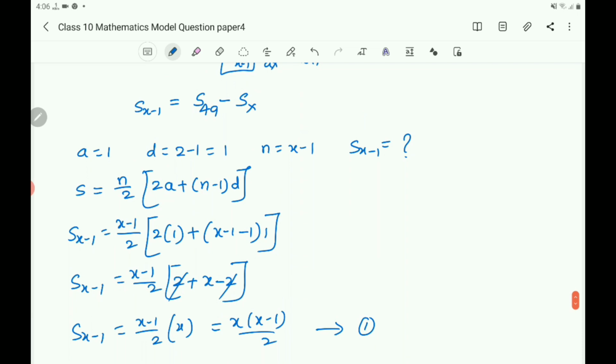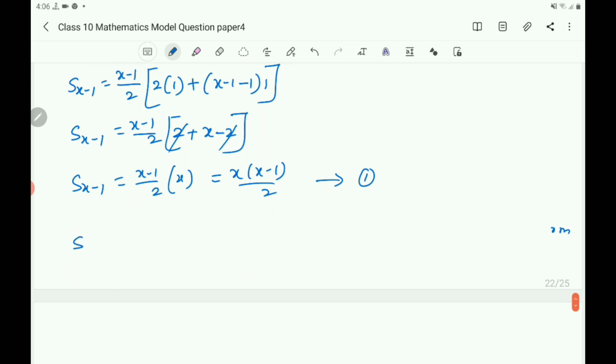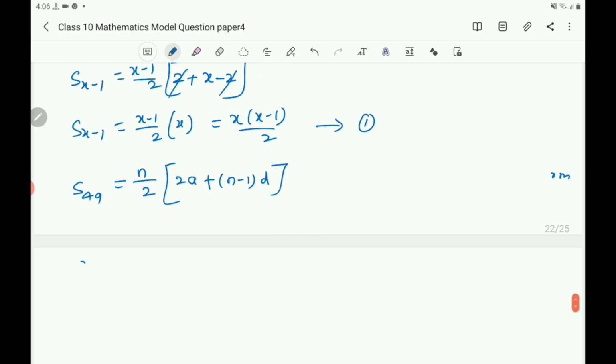Then next let us find out S49. Again here you can have n equals 49. Write the same formula, n by 2 into 2a plus n minus 1 into d, that is S49. n is 49 by 2, 2 into 1 plus 49 minus 1, d is also 1.